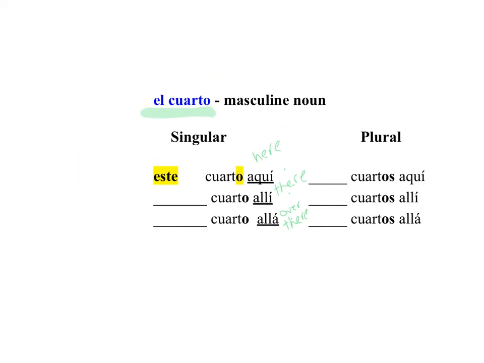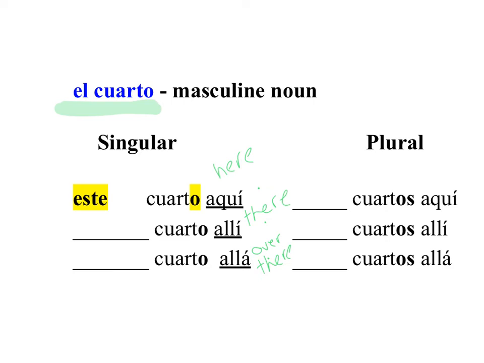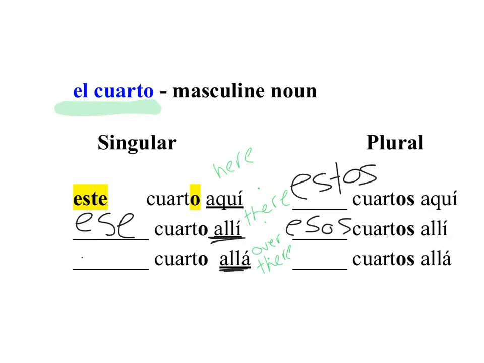So, this is masculine, so you would do este, and then you would fill in estos. Then the clue word allí would go with ese, and the plural of ese is esos. And then allá would be aquel and aquellos.